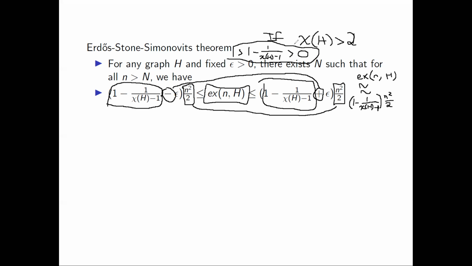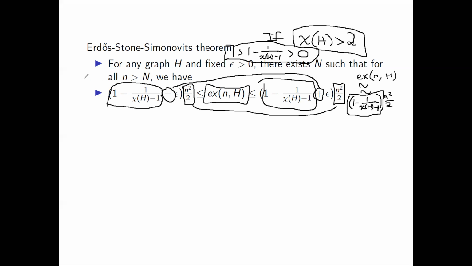So as long as the chromatic number of H is greater than 2, this quantity, 1 minus 1 over the chromatic number of H minus 1, is going to be between 1 and 0. So an upper bound of 1, a lower bound of 0, and it's going to be strictly between them. So it'll be strictly greater than 0. So we get some real number times n squared over 2.